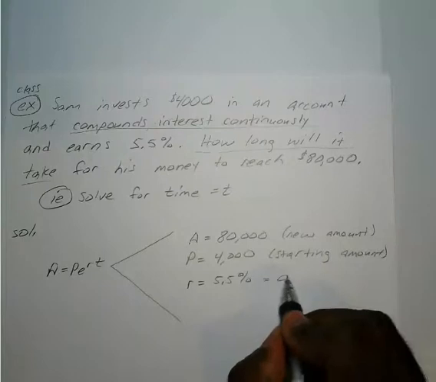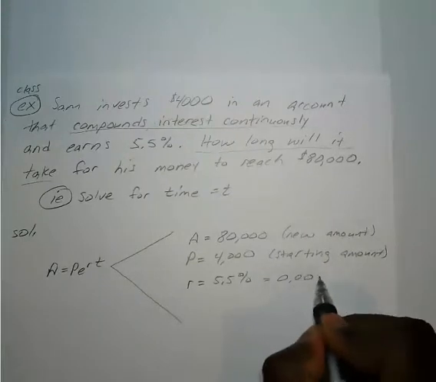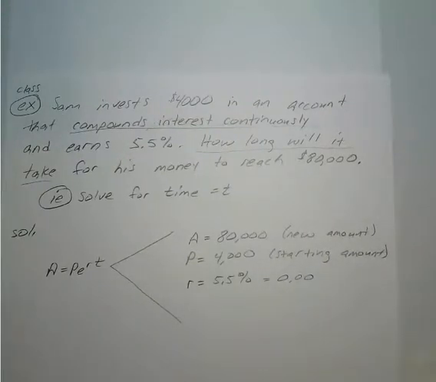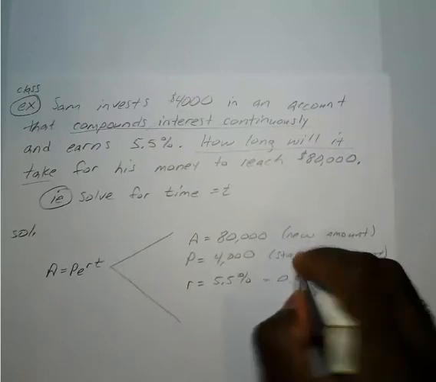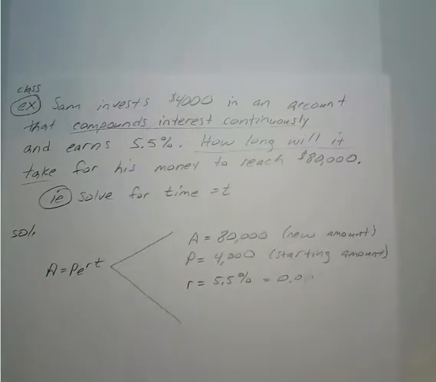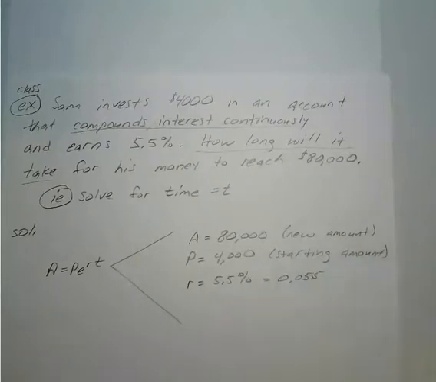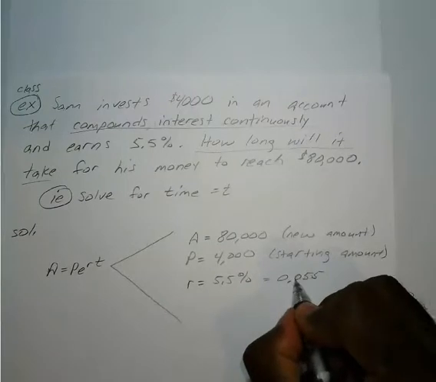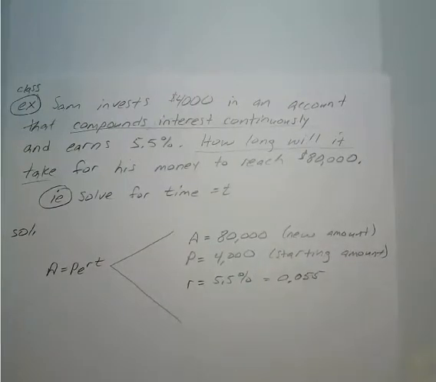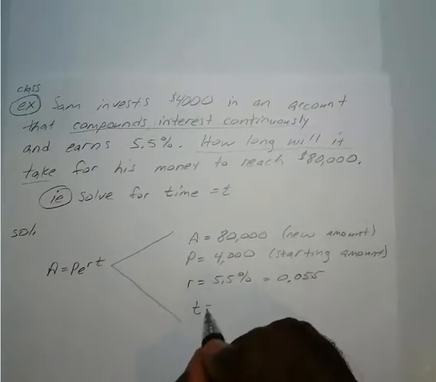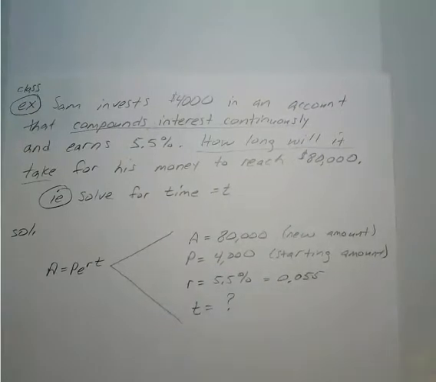So this is actually 0.055, not 0.05. And our time we don't know because that's what we're solving for. Okay, so we have everything we need to solve this right here.